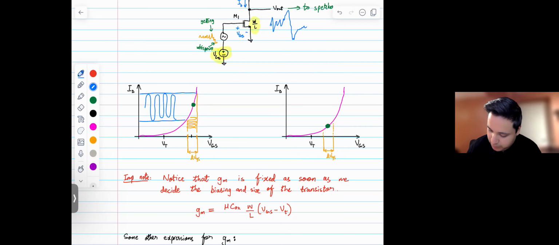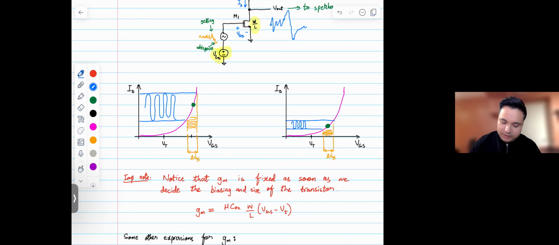So for the minimum VGS, we would get a current that is here. And for the maximum VGS, we would get a current that is here. Okay. So let's visualize this again, right? For a signal coming from the microphone that is this large, we are getting a change in ID that is this large.